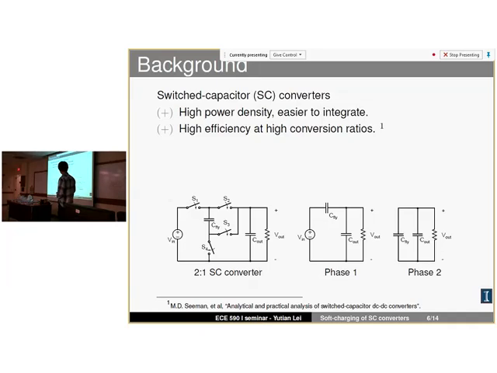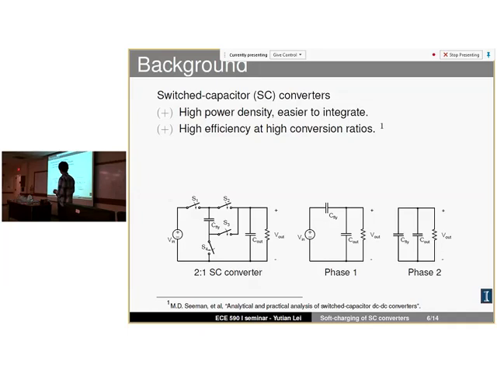In the other phase, switches 2 and 4 are closed, so V in is open circuited, and this C fly is just in parallel with the output. As the converter switches between these two phases, a steady state voltage can be established. The voltage on the flying capacitor is half V in, and the output voltage is also half V in. That is how it achieves voltage step down.